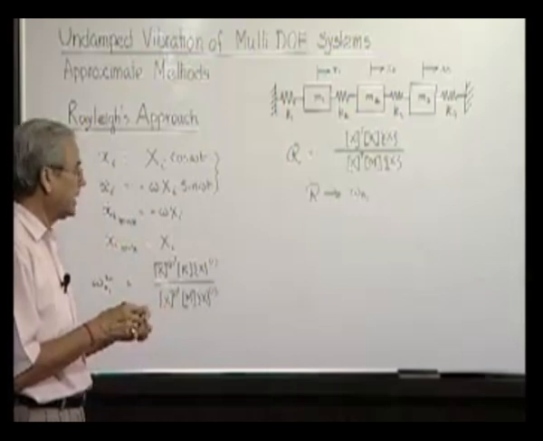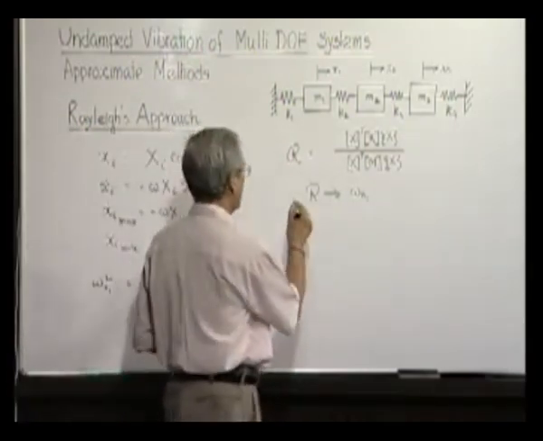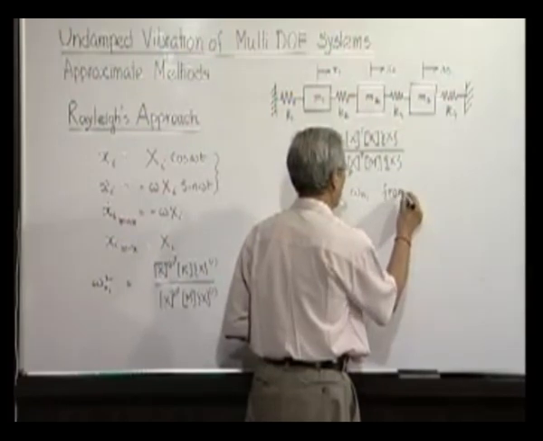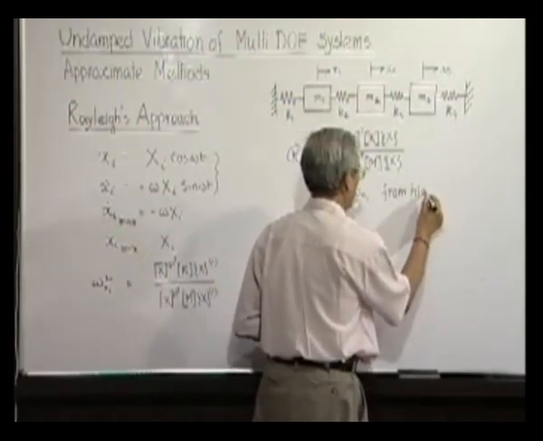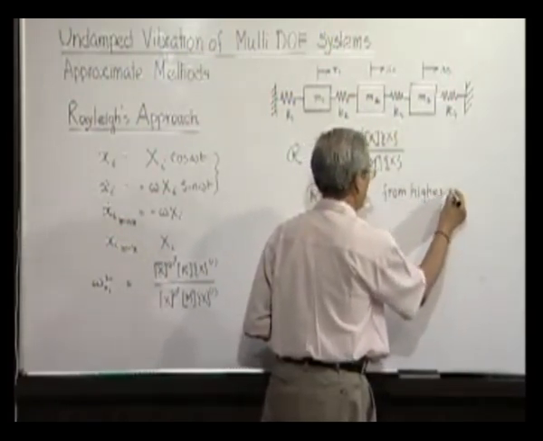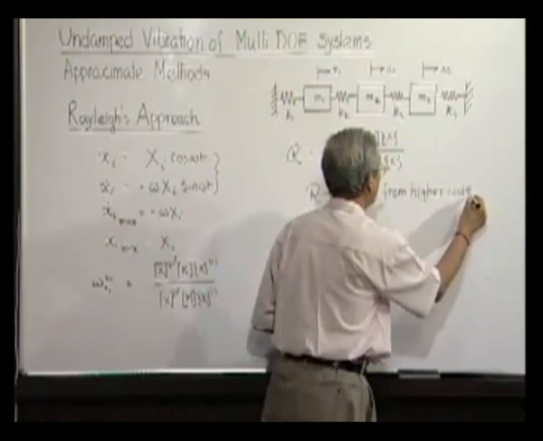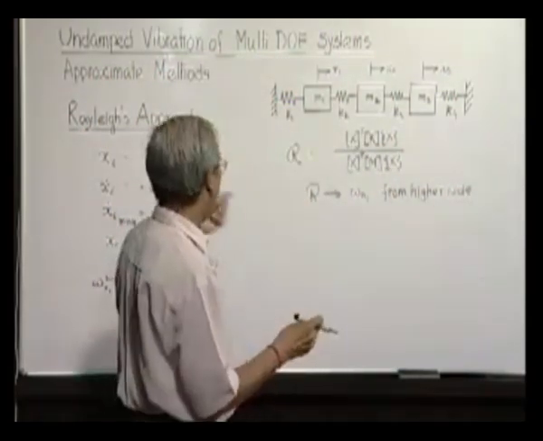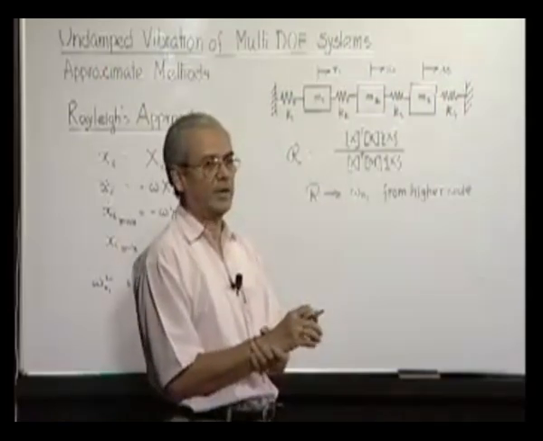The most important thing is that it will approach from the higher side. And when the assumed X becomes identical with the actual first mode, then R becomes equal to omega n.